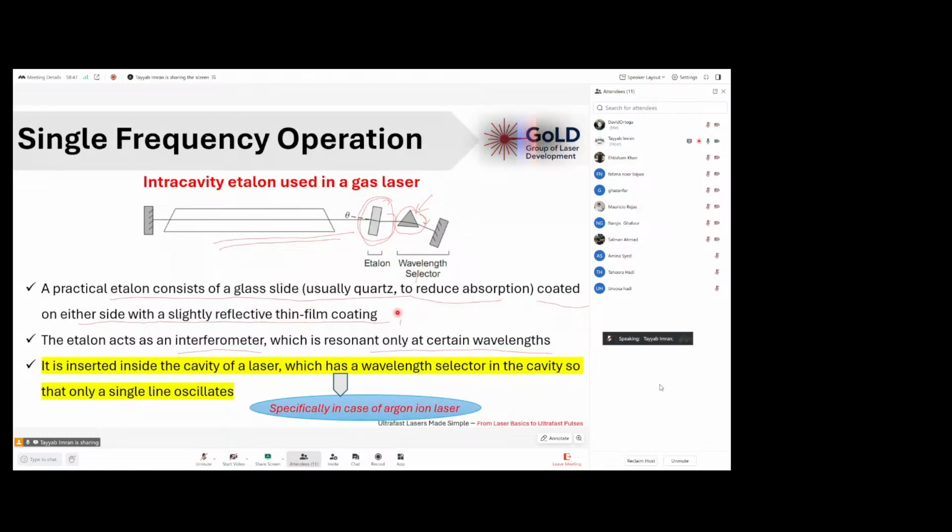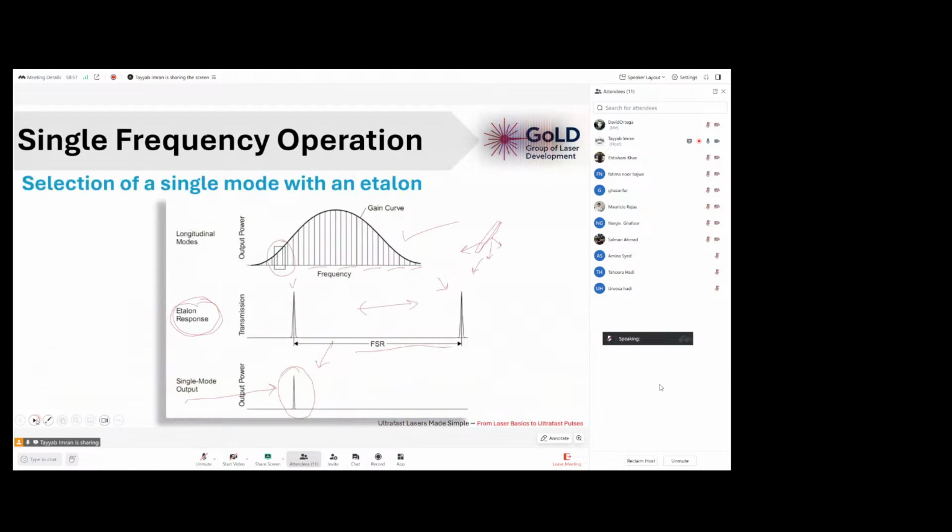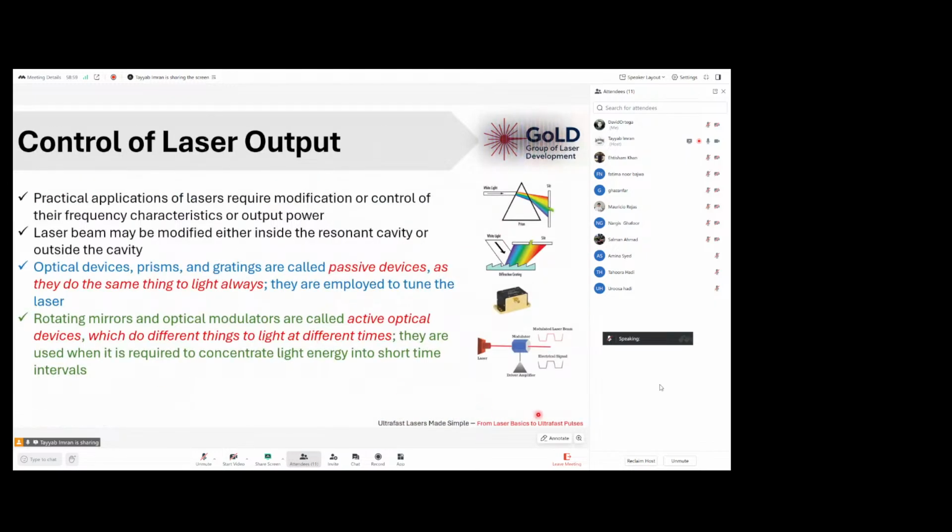This is one example of how to control the output of the laser: use a prism, or use a grating.